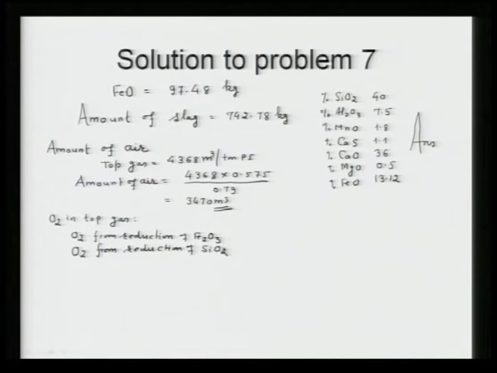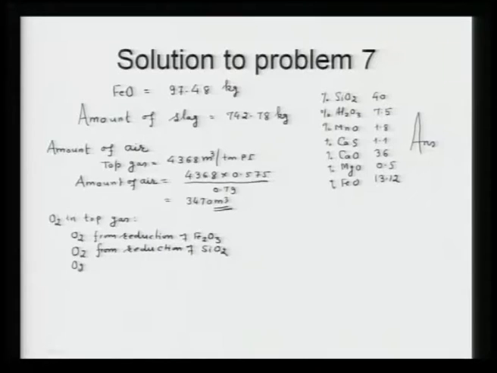Third, pig iron contains manganese, that will also come from the reduction of MnO. So, oxygen from reduction of MnO. That you have to calculate this oxygen.